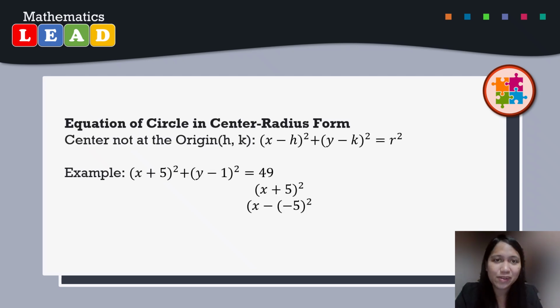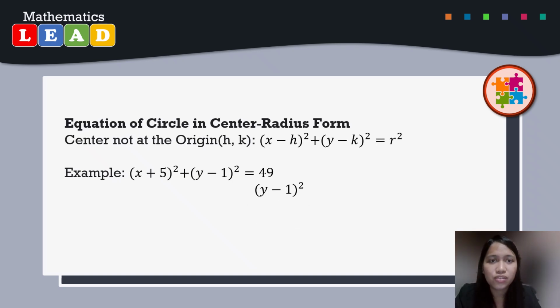So it will become quantity x minus negative 5, and we know that x minus h based on the equation is in the same form as what we've got. So what would be the value of h? Superb! Therefore, the answer is h is equal to negative 5.